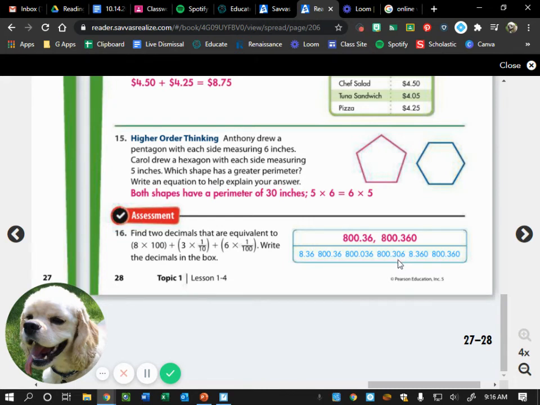That throws the number off because the 6 now is not in the place it's supposed to be. Same with this one next to it, 800.036. They put the 0 in front of the 3, so now the 3 and the 6 aren't in the places they should be. And then the one all the way to the left, 8.36, it's not equivalent because they took out the 2 zeros in the 800 part, so it's a completely different number now. So remember, equivalent decimal, it's only equivalent if we're adding zeros all the way to the right after the decimal. We can't be inserting zeros in between the digits of a number that are already there.